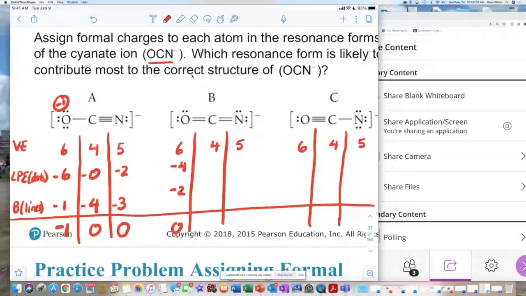The carbon in the middle has no lone pairs, so minus 0. It has 4 lines, 4 bonds, minus 4. 4 minus 0 minus 4, 0, right? Nitrogen, group 5, minus 4 dots, minus 4 electrons in the lone pair, minus 2 lines, minus 2.